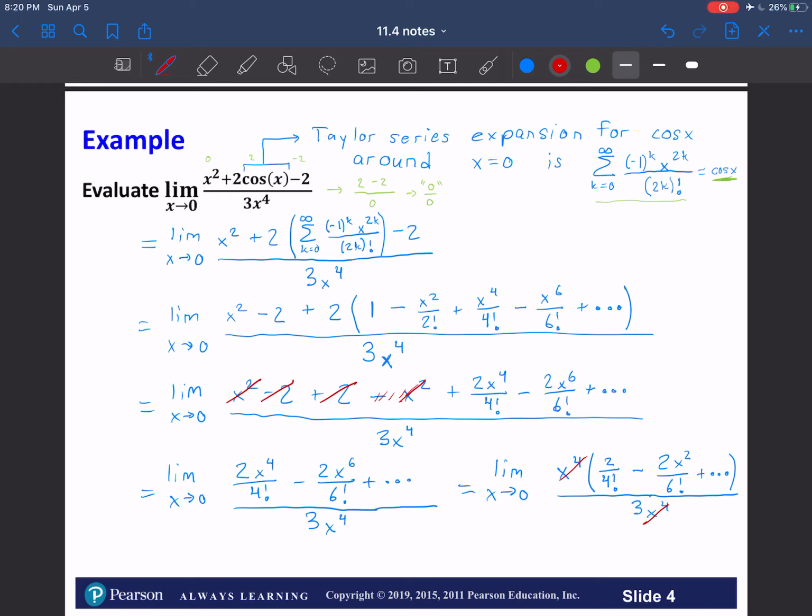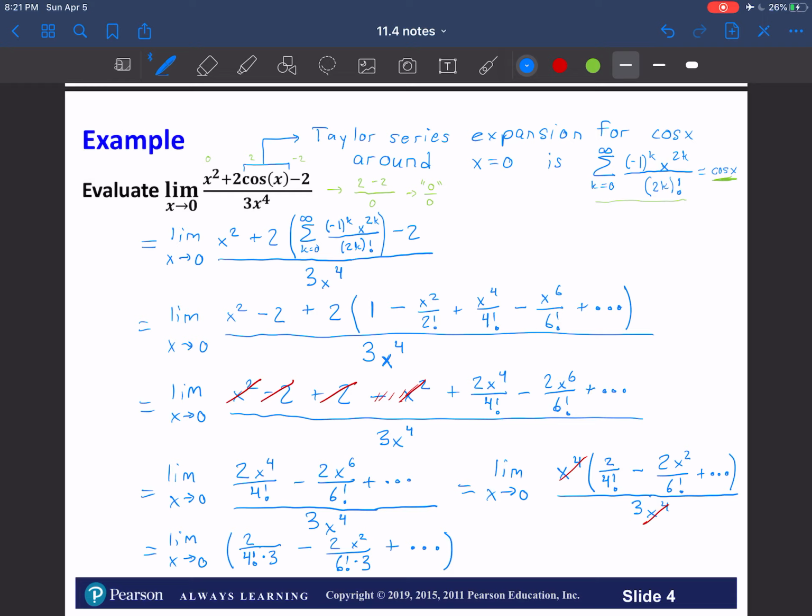All right, so at this point, this limit looks like this. It is the limit as x approaches 0 of 2 over 4 factorial, and then there's also a 3 in the denominator, minus 2x squared over 6 factorial times 3, plus dot dot dot.